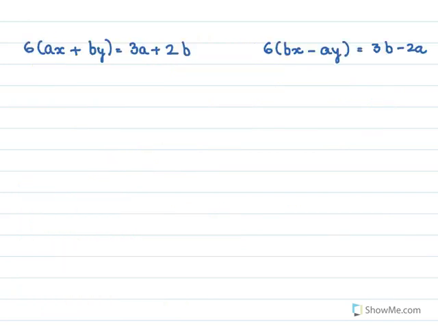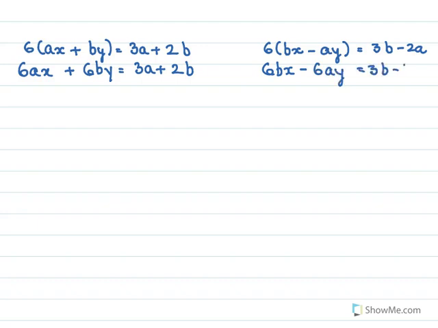So here's my second set of equations. Let's just open the bracket first. So 6 into ax is 6ax, 6 into by is 6by equal to 3a plus 2b. Here also let me open the bracket, 6bx minus 6ay equal to 3b minus 2a. So this is equation 1, and here I have equation 2.